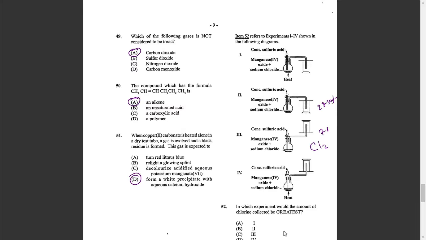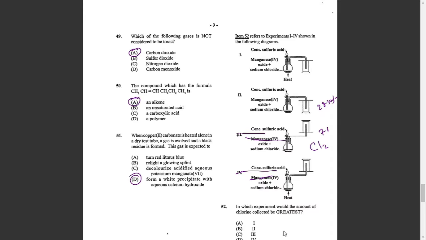Now, items 3 and 4 are in an upward delivery, so these are out of it. If you were to collect the chlorine gas, because it is heavier than air, it will simply come out and escape, and you would not collect the amount of yield that you would want. 1 and 2 both are downward deliveries, but which one would produce the greatest amount of yield?